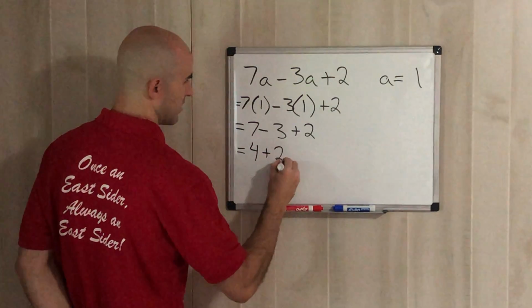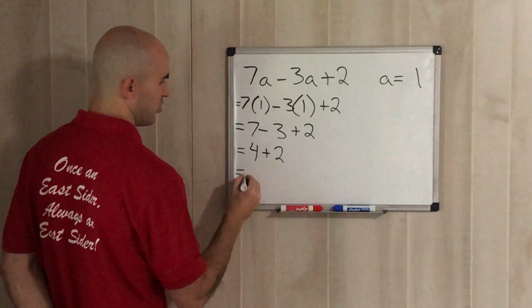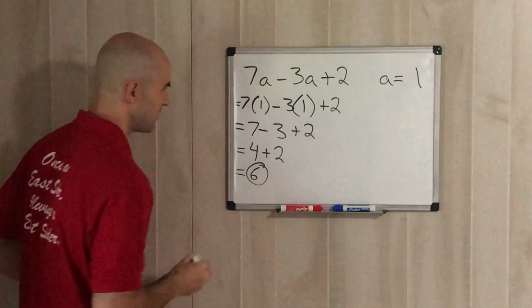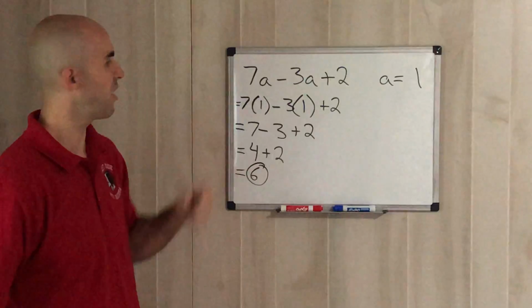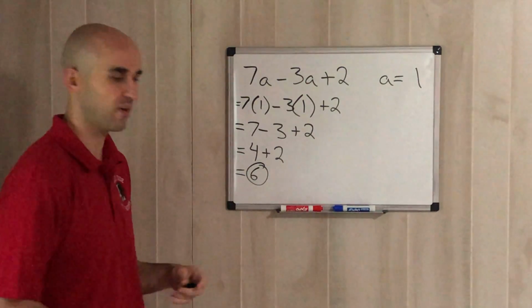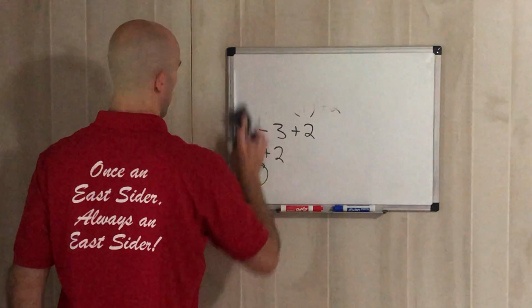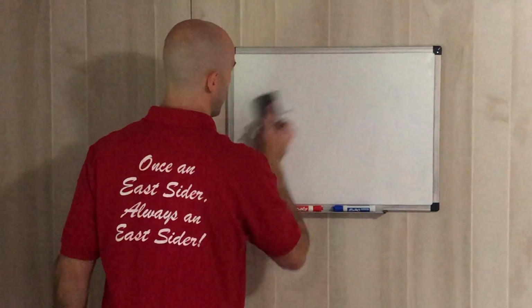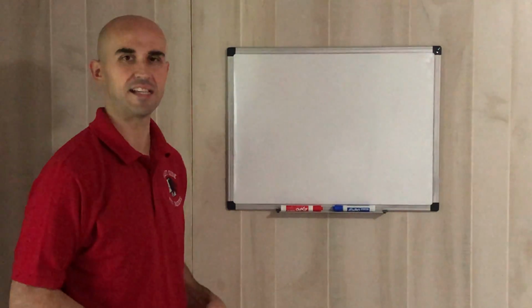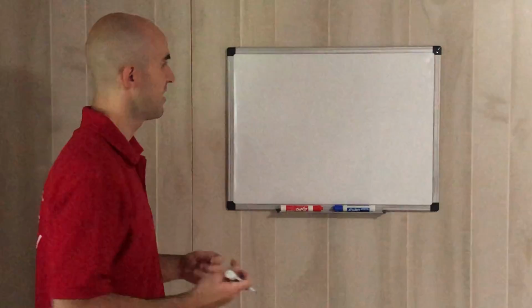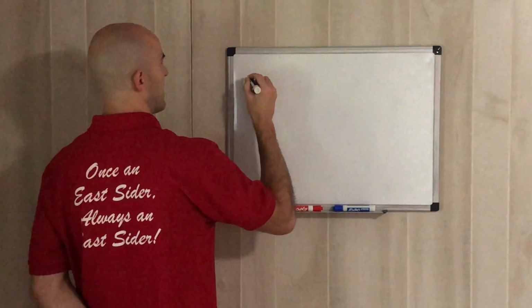Plus 2, and then 4 plus 2 is 6. So again, always follow the order, but always make sure you guys are actually substituting everything where it needs to go. Let me just give you one more of these, guys. Again, I'm pretty sure you all have a hang of it, but since we're starting off SATs, I don't know what everybody understands. So it's just starting off with the basics.